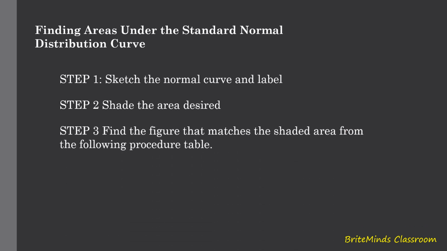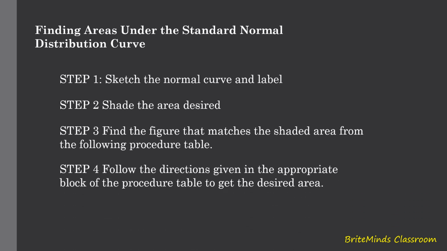Step 3, find the figure that matches the shaded area from the procedure table. Step 4, follow the directions given in the appropriate block of the procedure table to get the desired area. And also, we need to use the standard normal distribution table of values to locate the area of the curve.